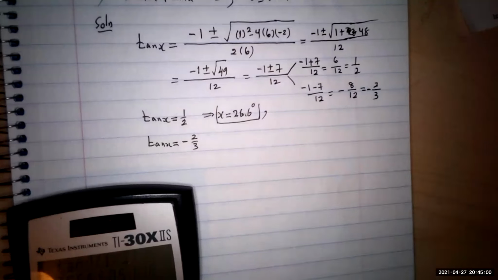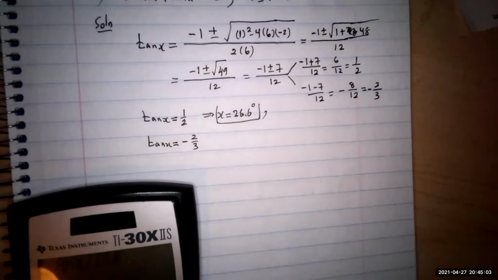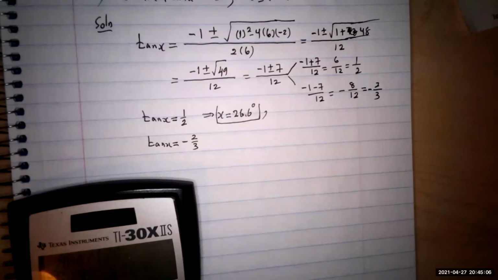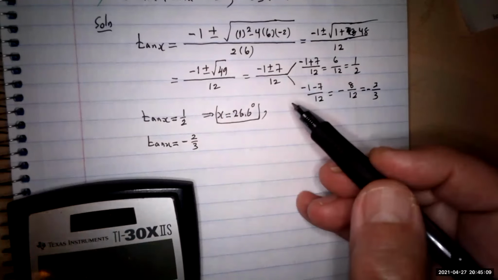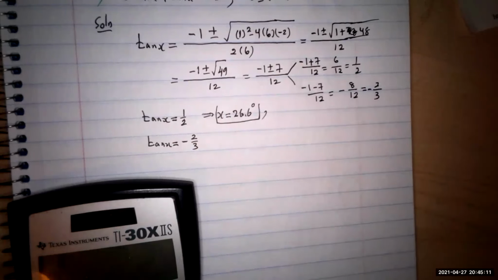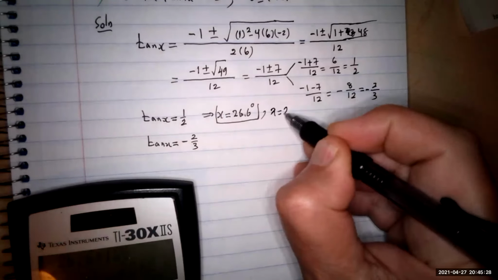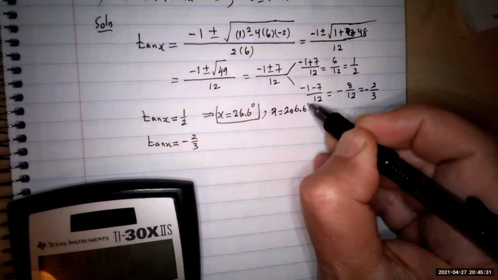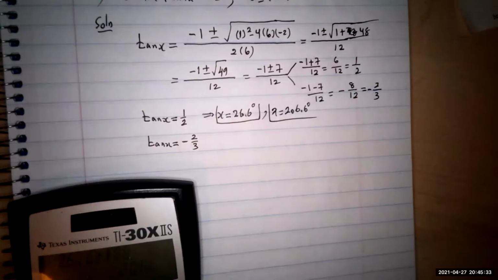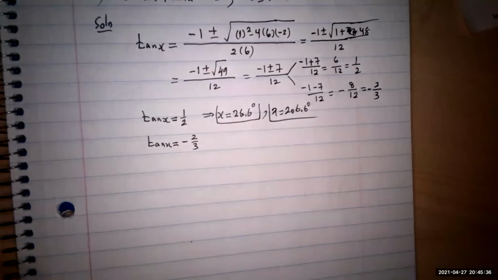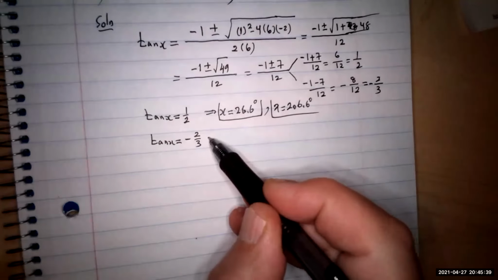If you add 180 to the 26.6, I'm sorry, I made a mistake here, that gives you the other one: x equal to 206.6 degrees. I just want you to use your calculator. That is the purpose of this problem.